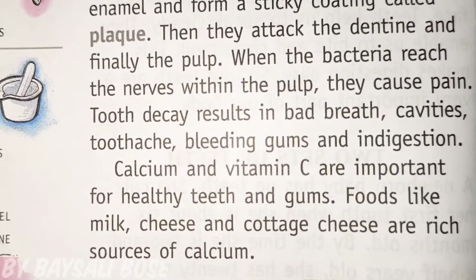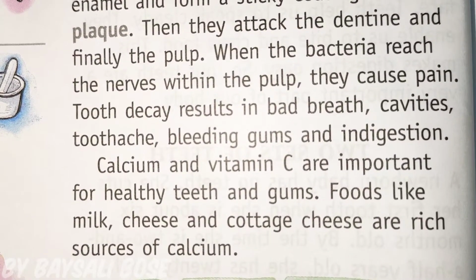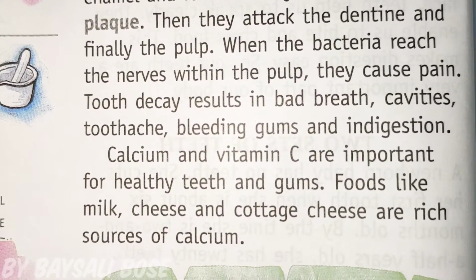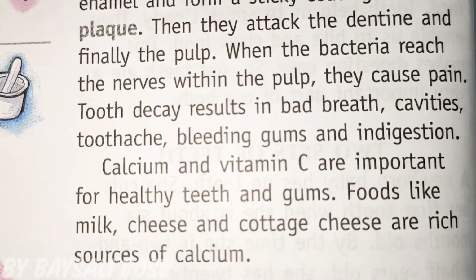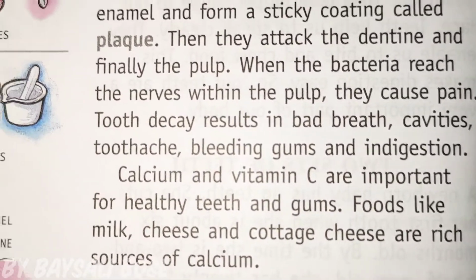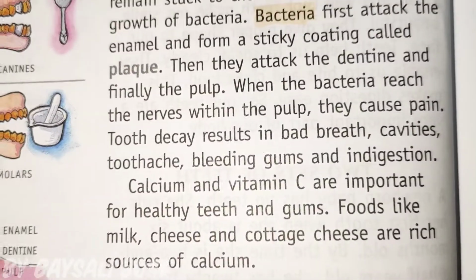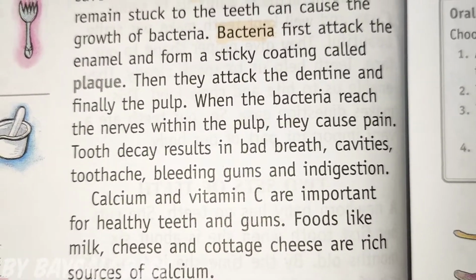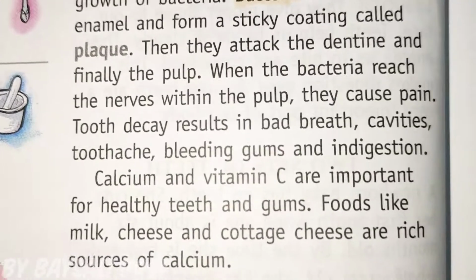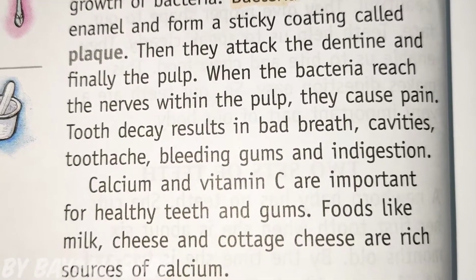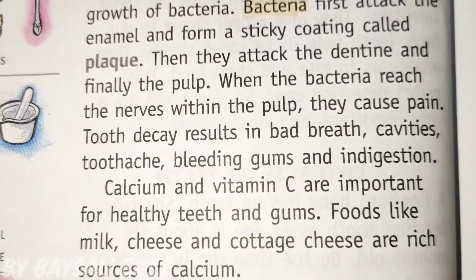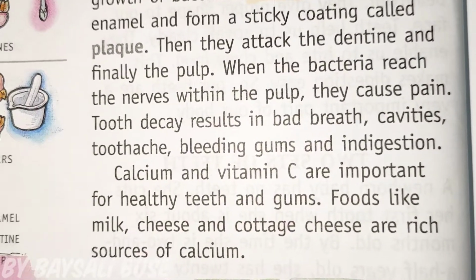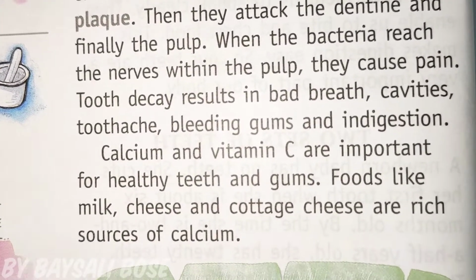Tooth decay results in bad breath, cavity, toothache, bleeding gums and indigestion. So what can this bacteria cause in your mouth? They can cause bad breath, cavities, toothache, bleeding gums, and indigestion.